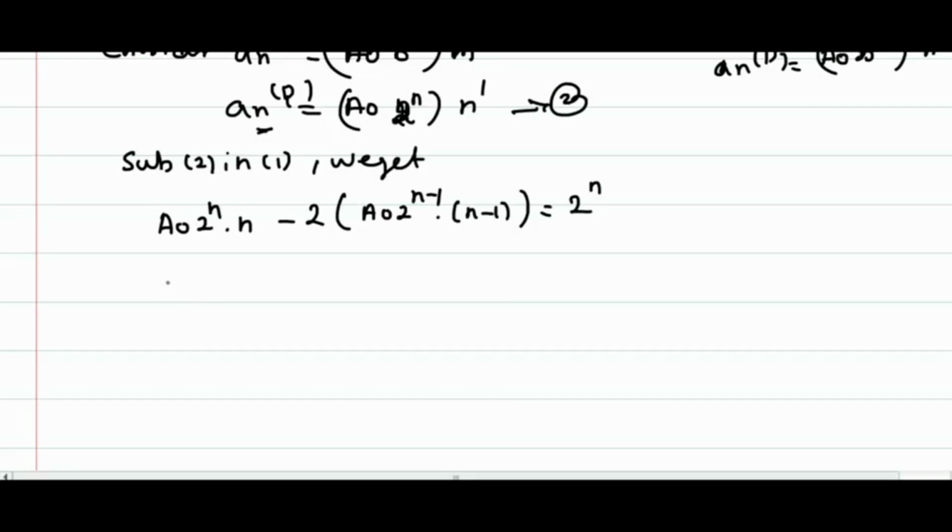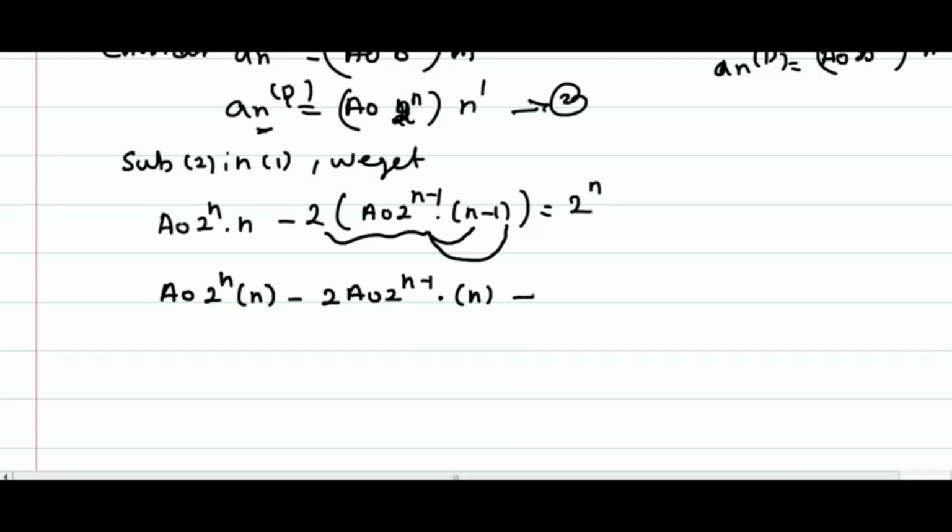So I'm going to write a_0 · 2^n · n minus 2 a_0 · 2^(n-1) · n. Now you multiply this term into the first one. Next you multiply that term into the second one. Minus minus plus 2 a_0 · 2^(n-1).